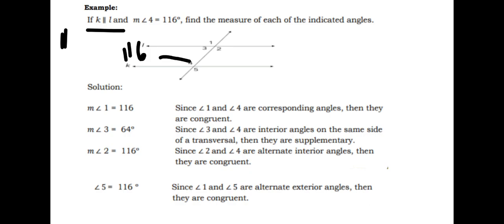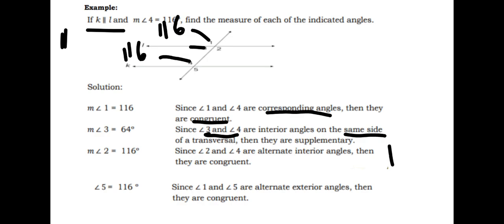So from this we can find angle 1, right? Because 4 and 1 are corresponding angles. If they are corresponding, they are congruent. So therefore angle 1 equals 116 also, right? And we can also find angle 3 because 4 and 3 are on the same side, so therefore their sum must be equal to 180 degrees.